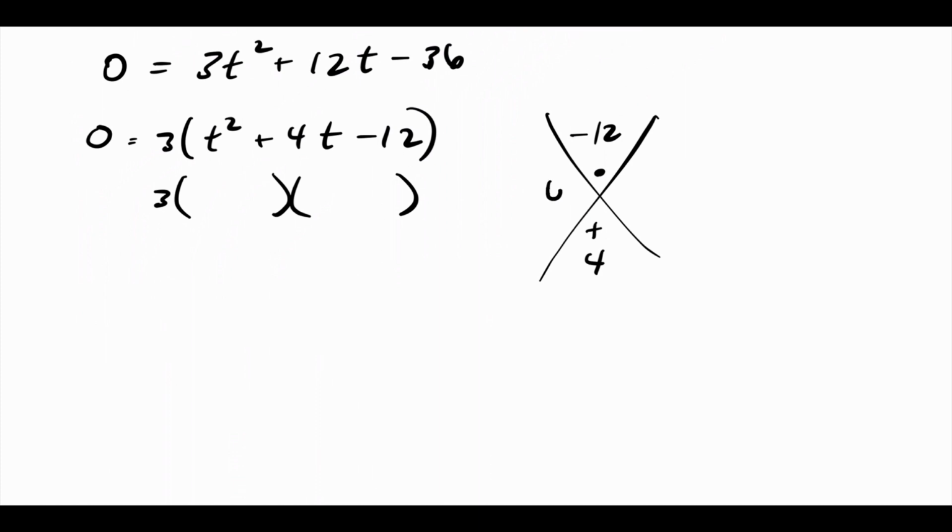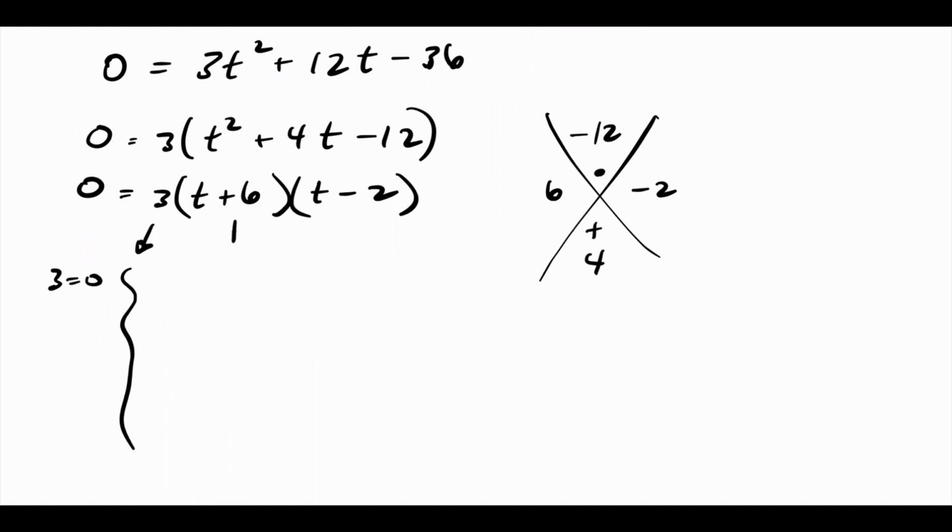Positive 6 and negative 2. Set all of those terms equal to 0. Since they're all factored, set them all equal to 0. So 0 equals 3, 3 equals 0, t plus 6 equals 0, t minus 2 equals 0.